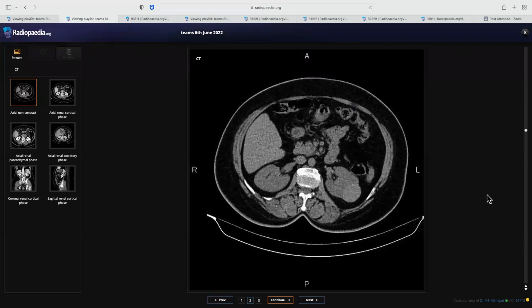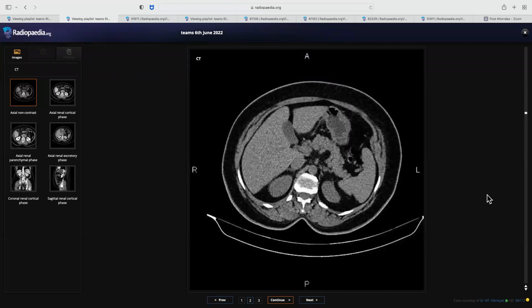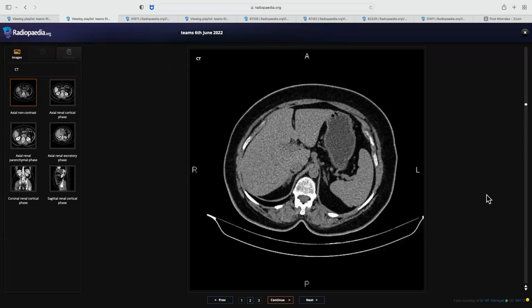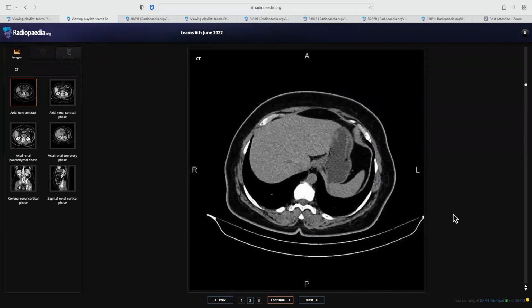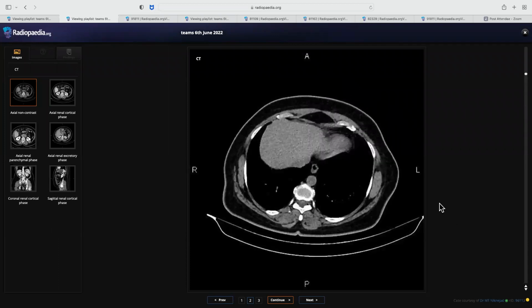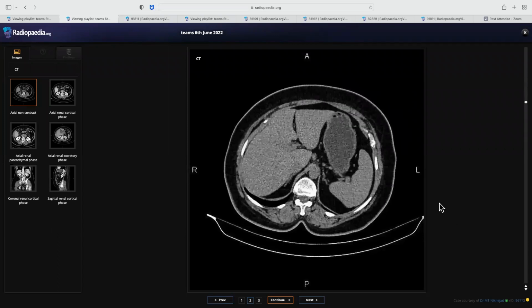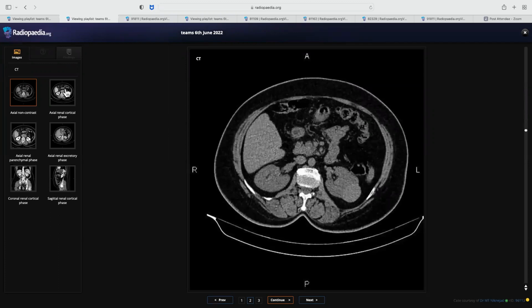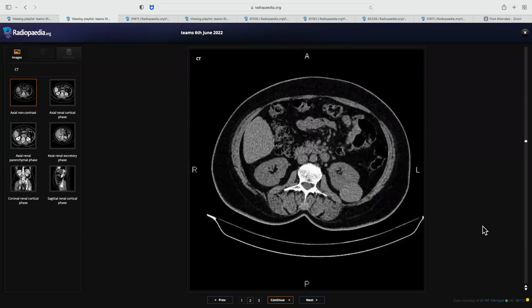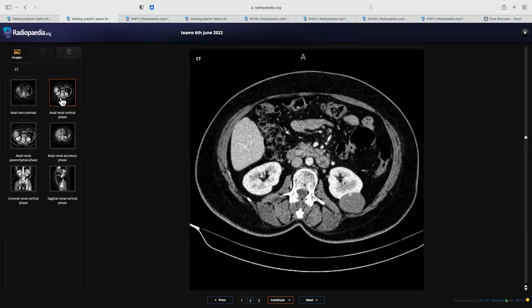Bowel loops are not dilated, and the para-aortic region is unremarkable. Liver, I can't see any abnormality. Can I proceed to the contrast? Yes. Other than renal? You can go through the entire series.